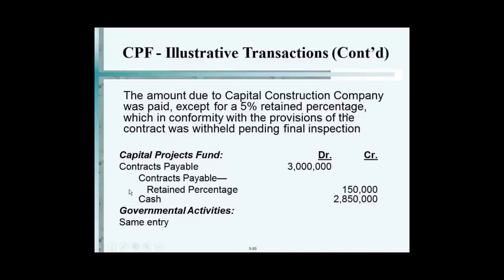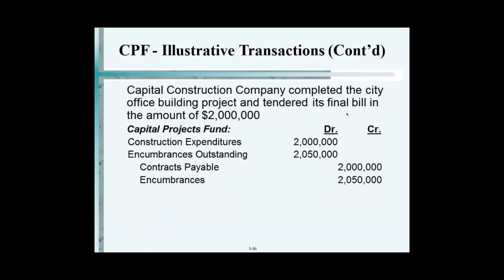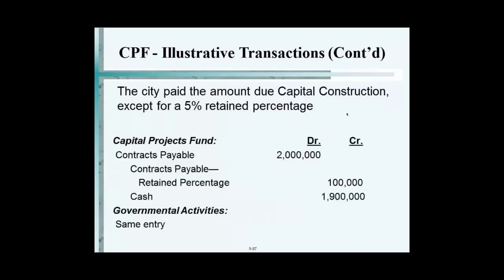Again, they recognize the item as it's being spent. Next payment comes due. They withhold again 5%, 100,000. So now what is it? 150 plus 100, 250 they owe this fella. Okay.